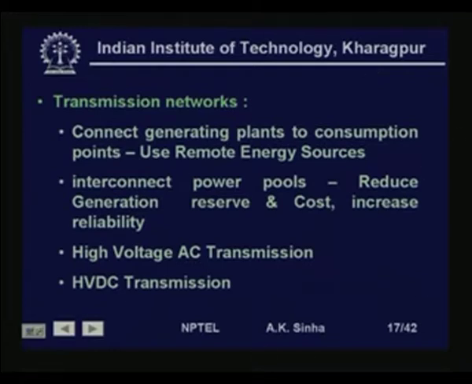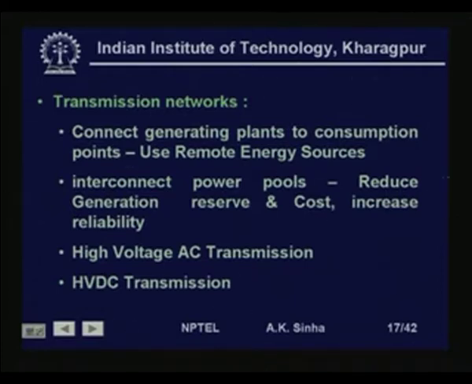It interconnects power pools. Again, if we have different systems which we need to connect, like earlier we had state electricity boards, and these state electricity boards were basically entities in each state, and it may be possible that some state has extra energy available, whereas some state may be needing that energy sometime.